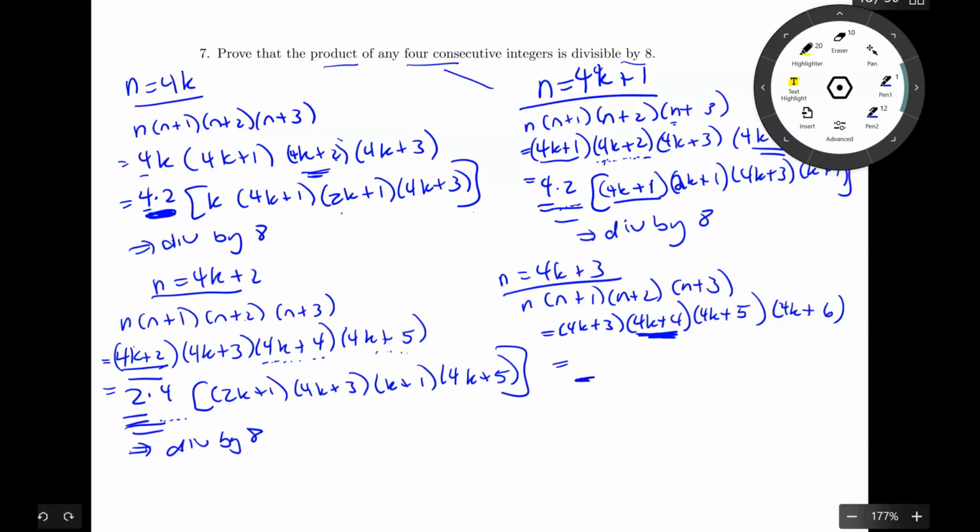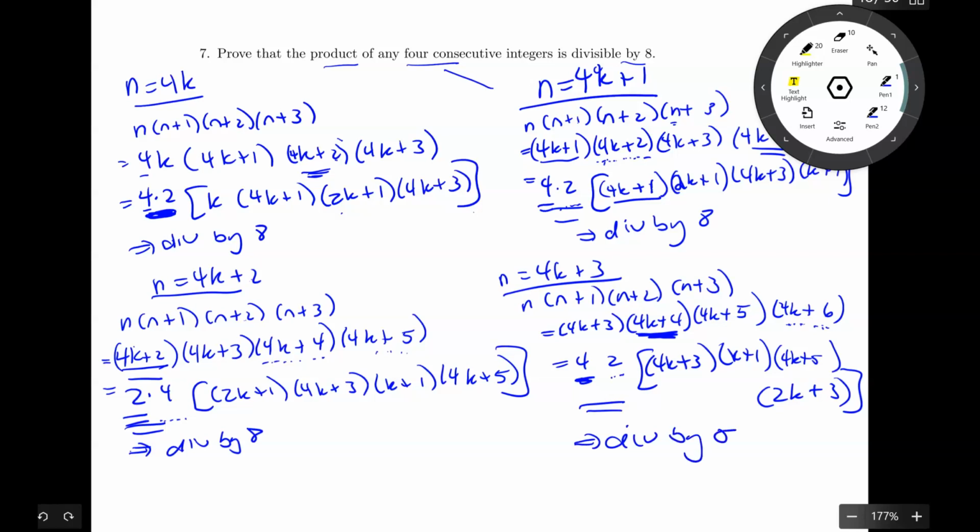This one will give me the 4, and this one will give me the 2, right? Okay, 4k plus 3 carries along, k plus 1 after I factor out the 4, 4k plus 5, oops, sorry, and then this one here I factored out the 2, so 2k plus 3. So this shows it's divisible by 8.